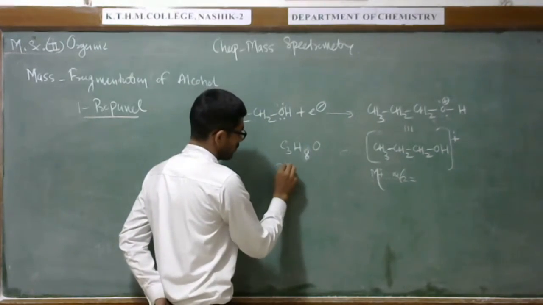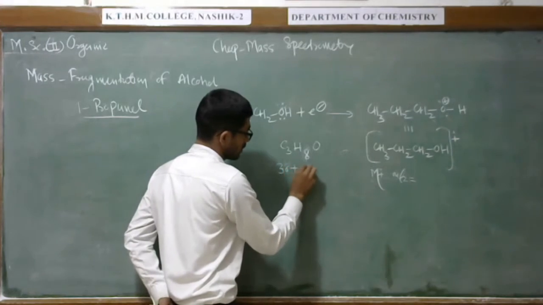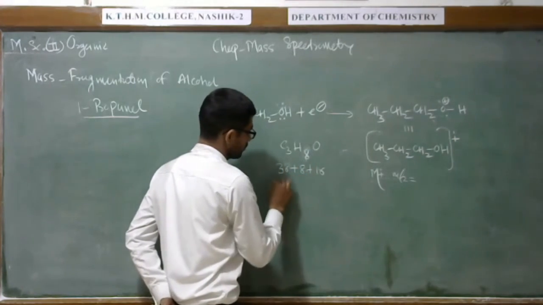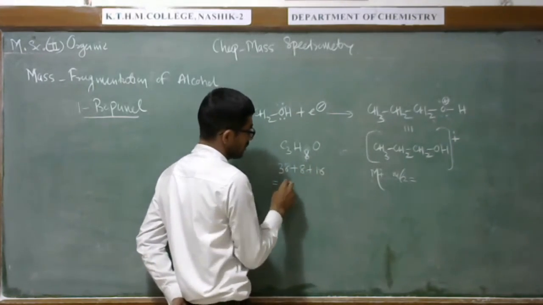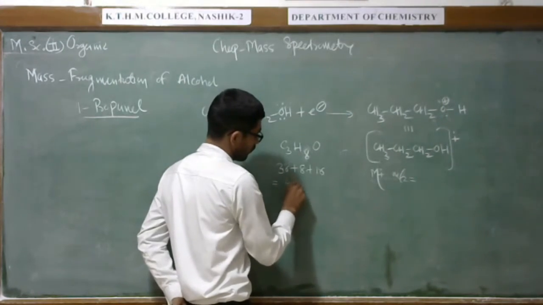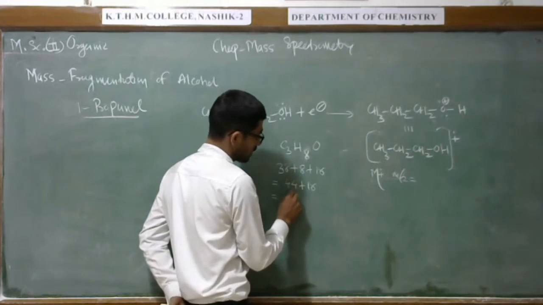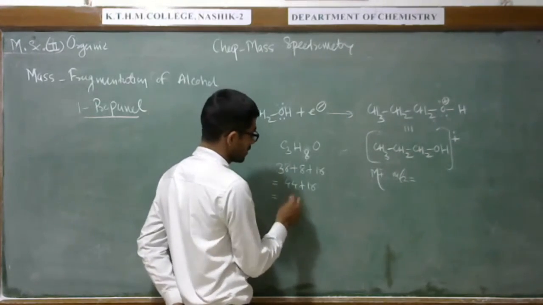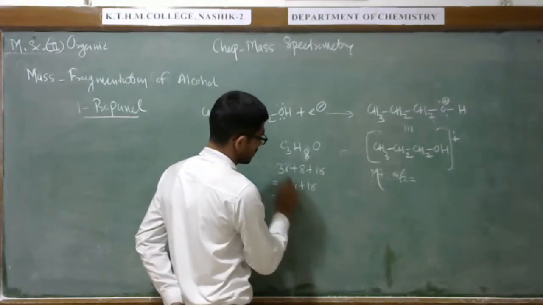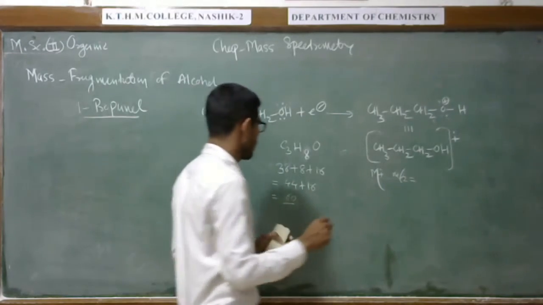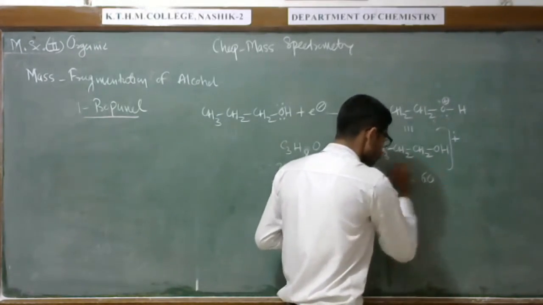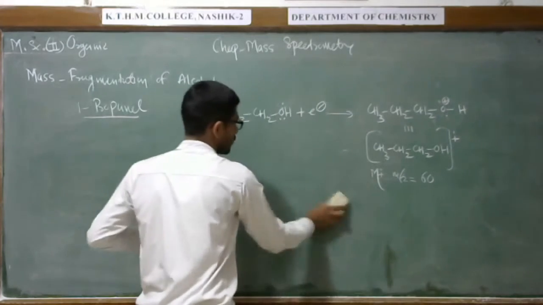So 36 plus 8 plus 16, this comes out to be 44 plus 16, which comes out to be 60. So at this value we can observe the molecular ion peak.